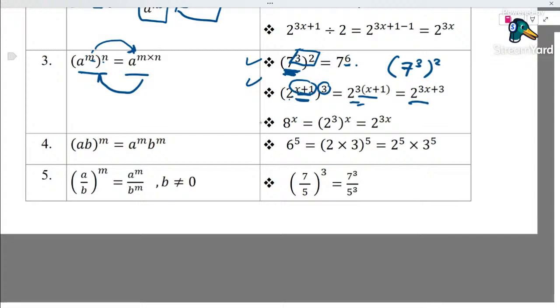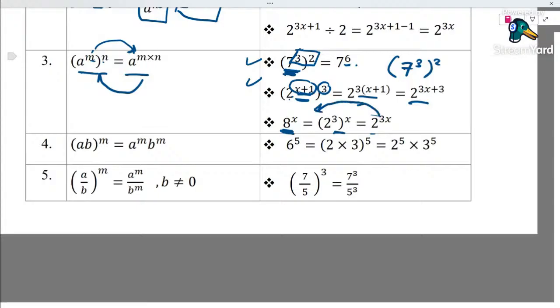One example we can see here is 8 power of x, which is actually 2 power of 3 power of x. Again, this is the case of power. Is it possible to do it reversely? Yes, we can.